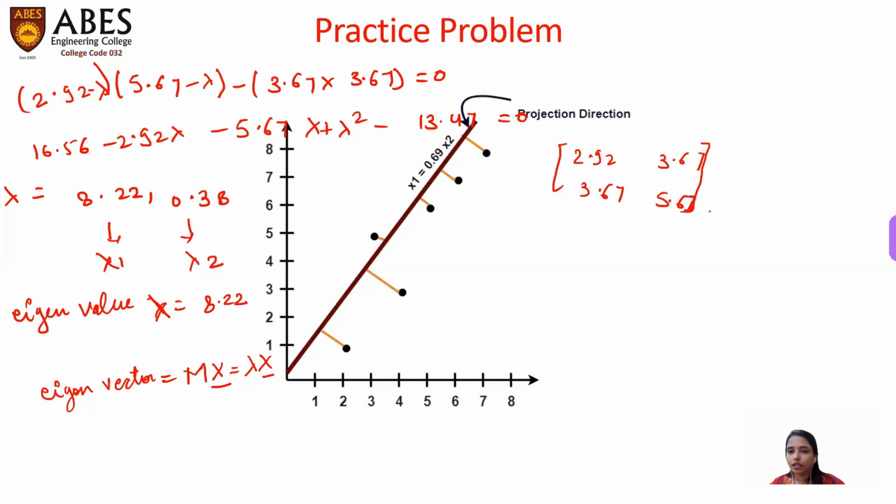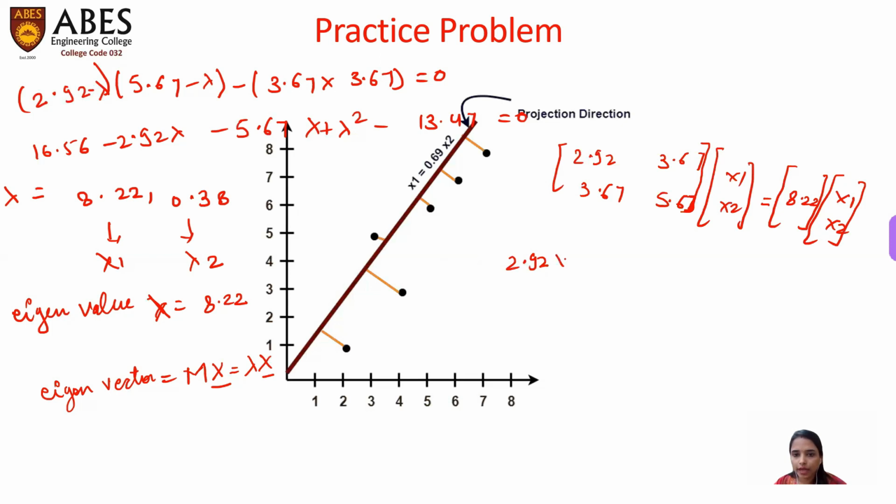We multiply it with x1 and x2, equals lambda, which is 8.22 because we have only one eigenvalue, times x1 and x2.